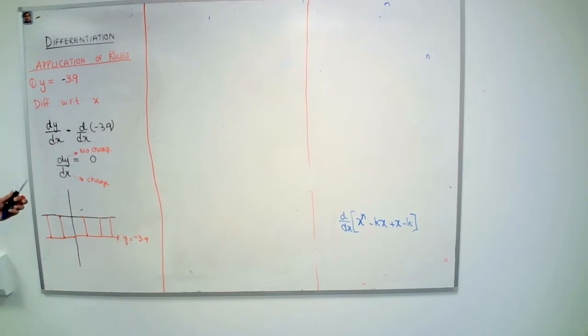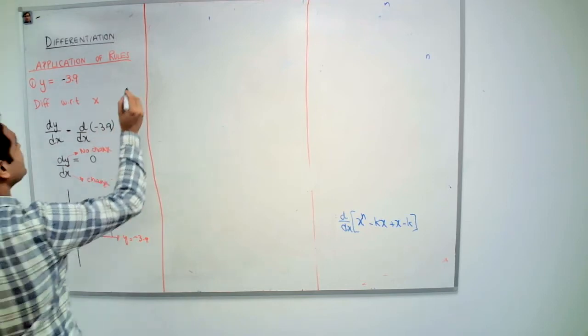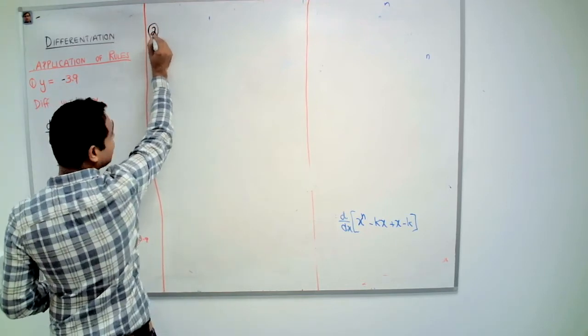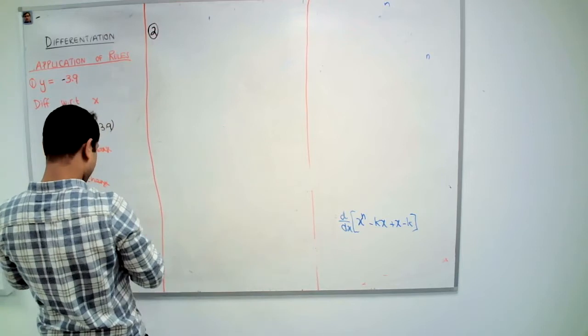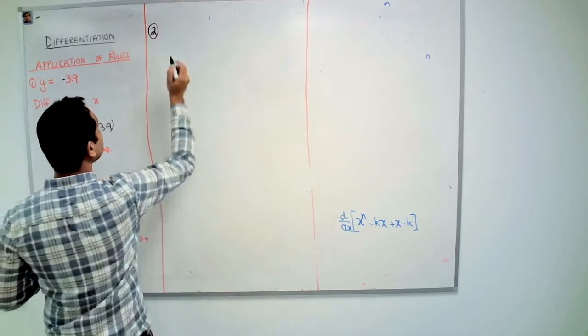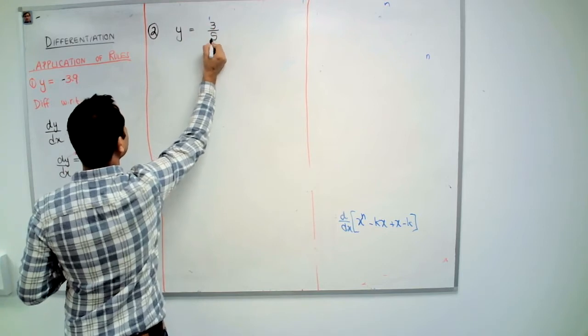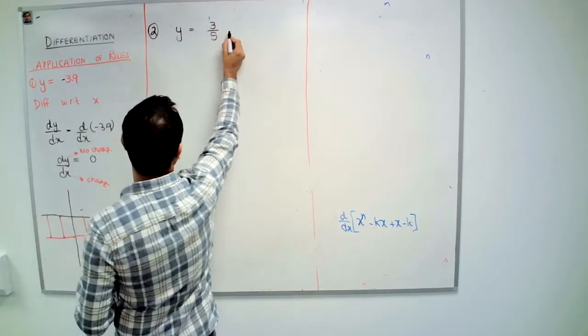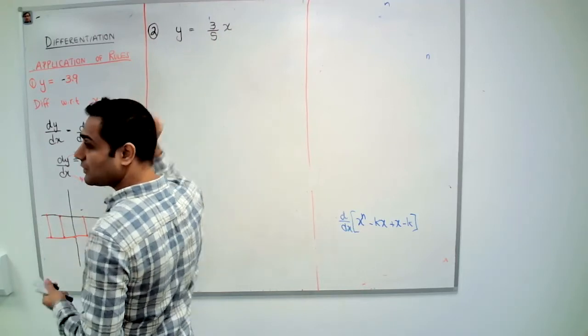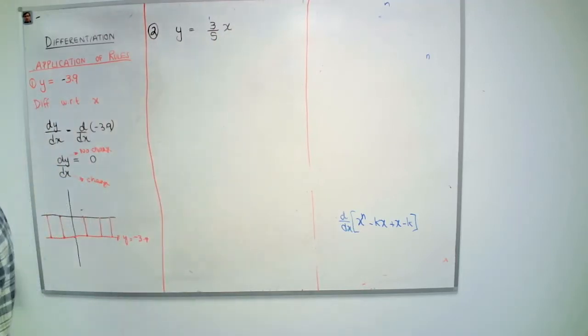Okay, so that's the first rule. Now the second rule. An example of the second rule is, let's say I have y equals 3 over 5 x, or 3x over 5, doesn't matter.